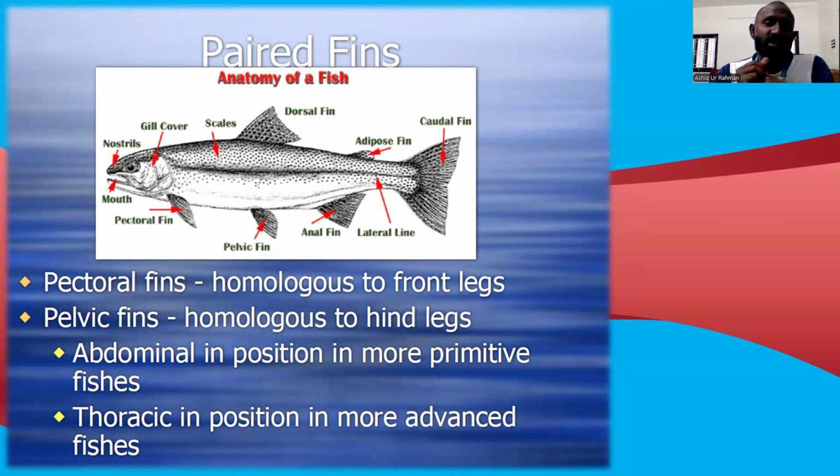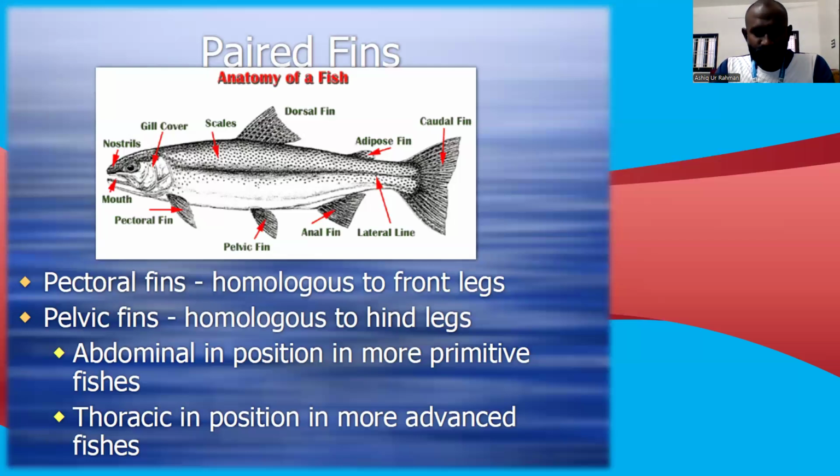That is why it is written as homologous to forelimbs. Similarly, pelvic fins are homologous to hind limbs or our hind legs, which we use to run or walk, etc. So these two fins form the forelimbs and hind limbs of the fishes.